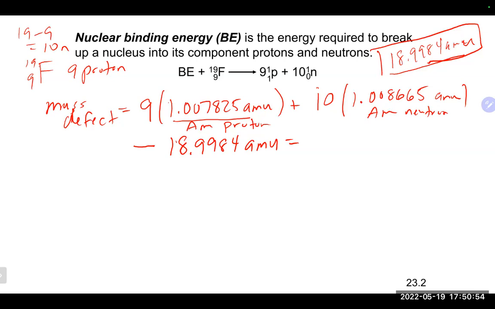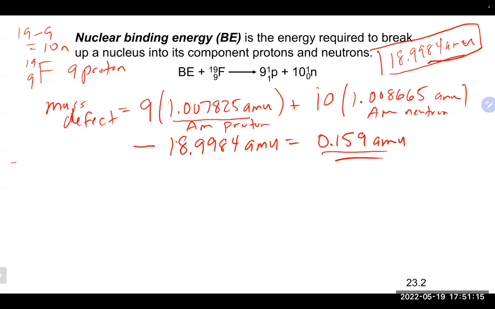Subtracting 18.9984 gives me a mass defect of 0.159 AMU. So this would be the mass defect. This is the difference in mass that's going to be converted into energy.